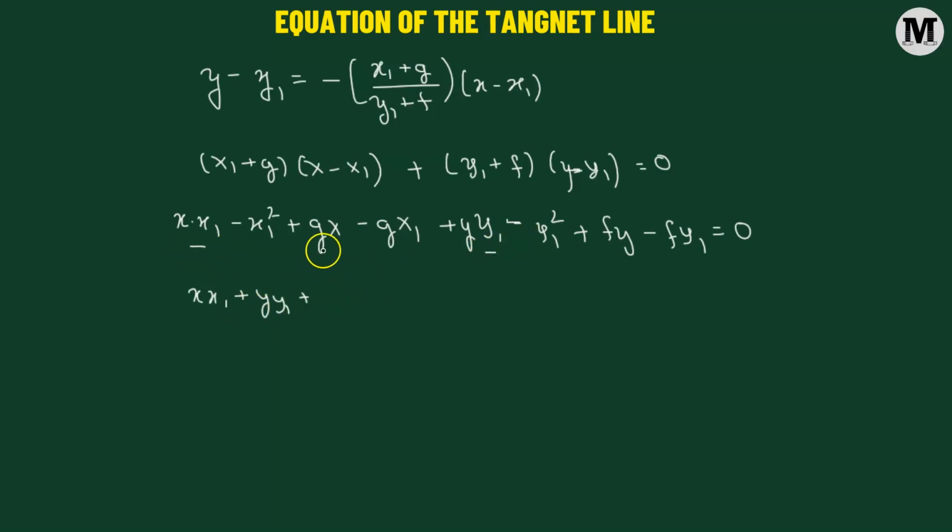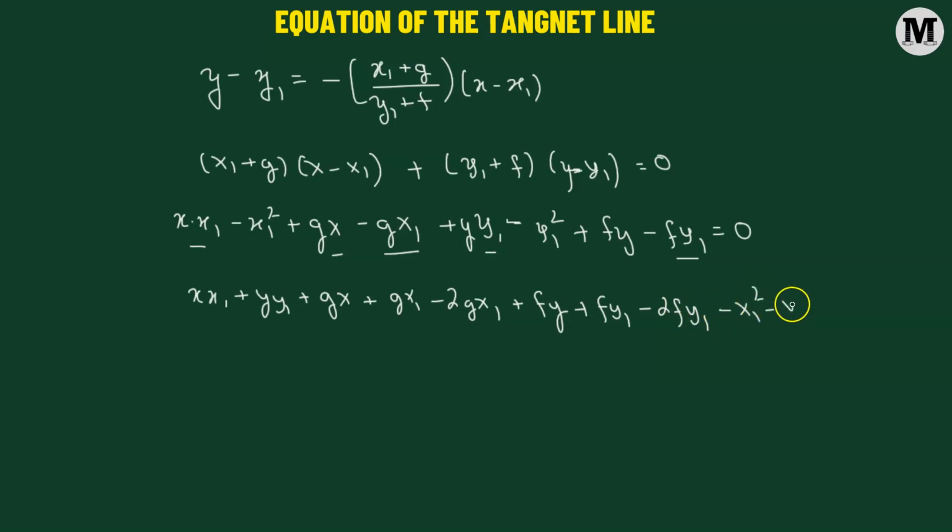Added to, we have gx here. So what we'll do, we'll take gx as it is, and we're going to rewrite negative gx1 as positive gx1 minus 2gx1. Then gx is taken care of. Next we have fy. So we're going to rewrite negative fy1 as positive fy1 minus 2 times fy1. And then we have negative x1 squared, negative y1 squared equals 0.